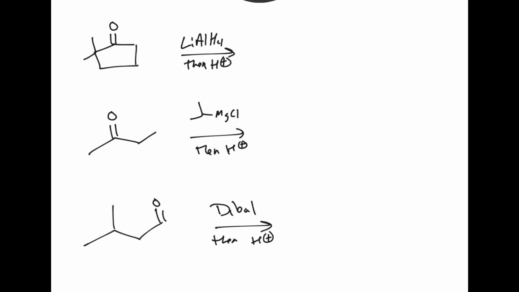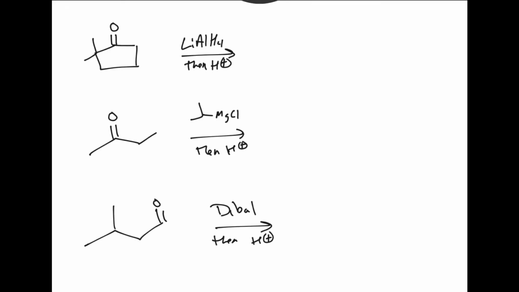So what am I going to get for my first product here? So I have a hydride plus a ketone. It's going to turn into what kind of alcohol? A secondary alcohol. We're going to get a secondary alcohol here. We're going to add our hydrogen. So here, there.